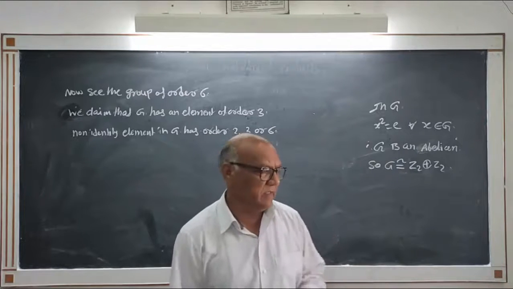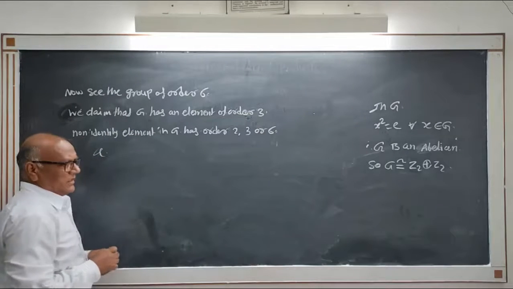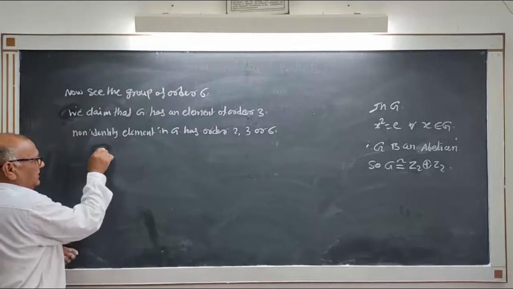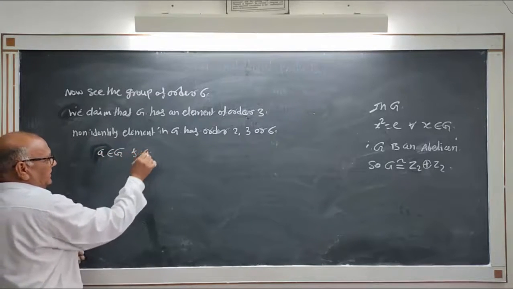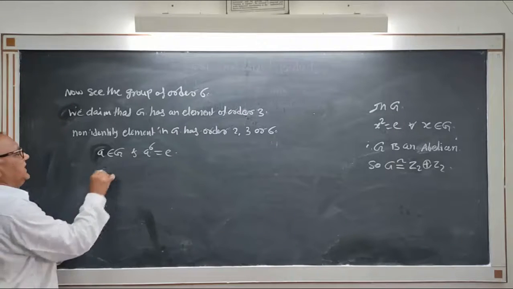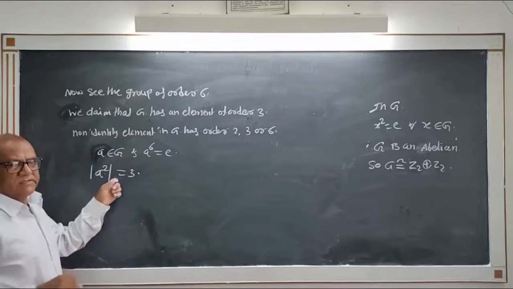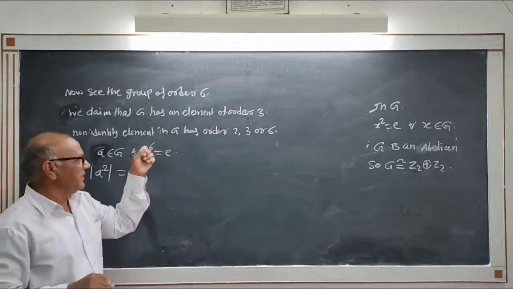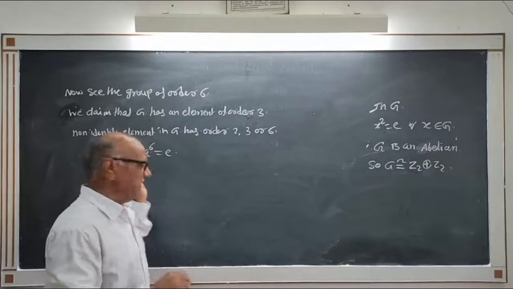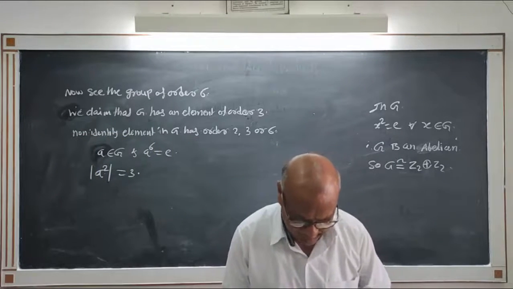If there is an element A of order 6 in G, then clearly the order of A squared is 3. That means if G has an element of order 6, then G contains an element of order 3.